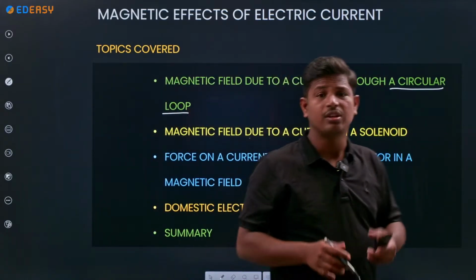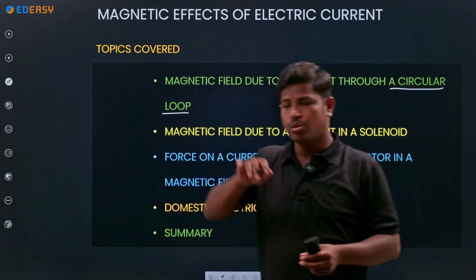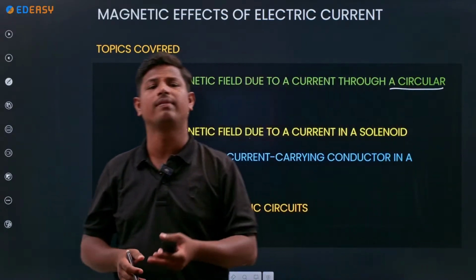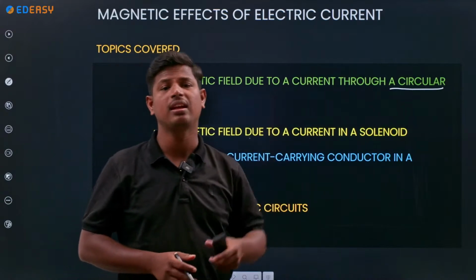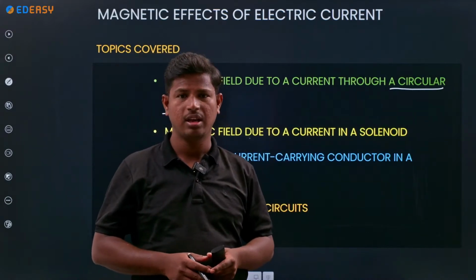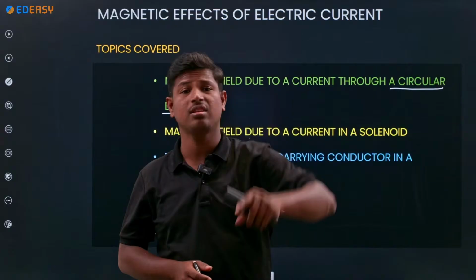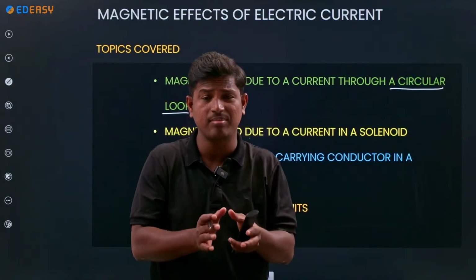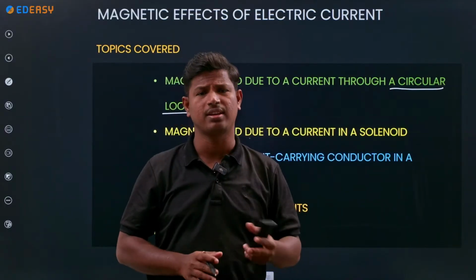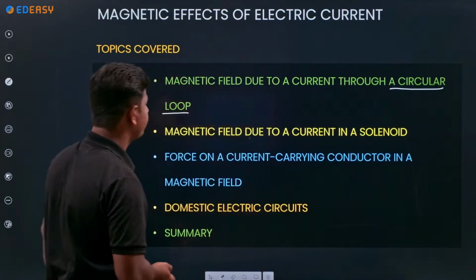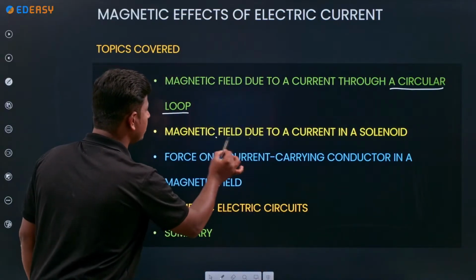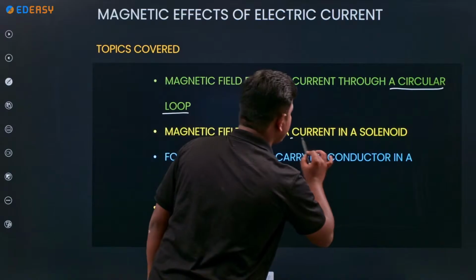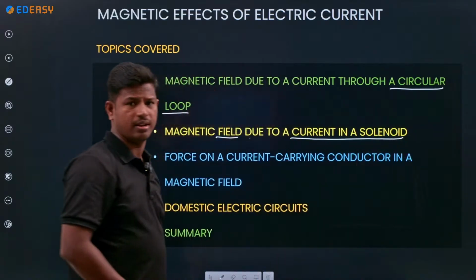If you take a circular loop, how will the current be and how will the magnetic field be throughout the loop? If you first know the relation of electricity and magnetism, then all these topics are very easy. Next, magnetic field due to a current in a solenoid.